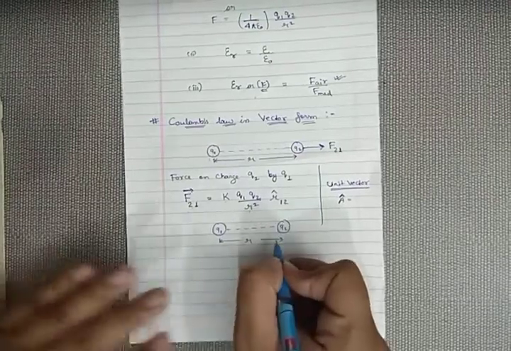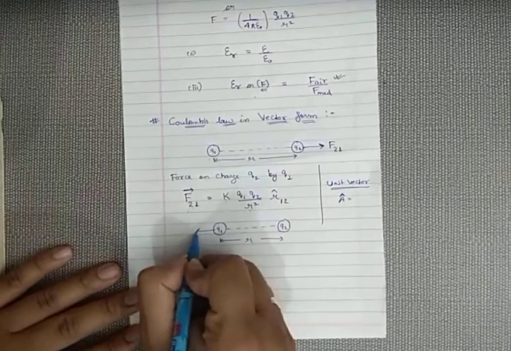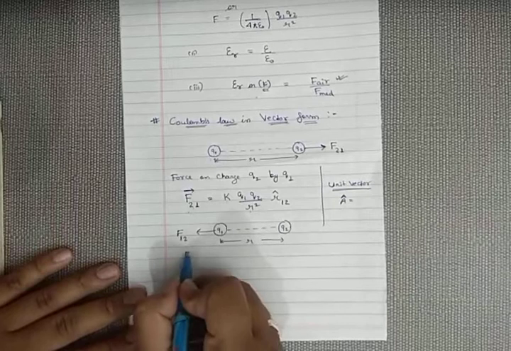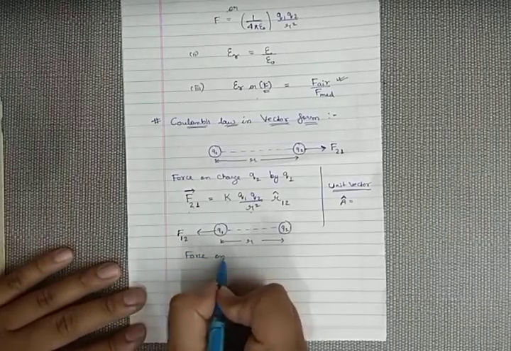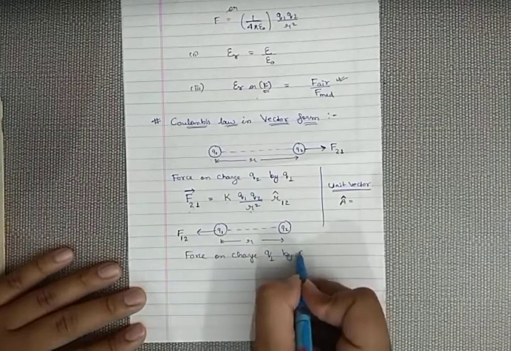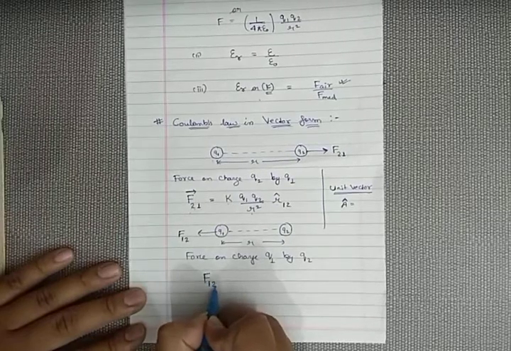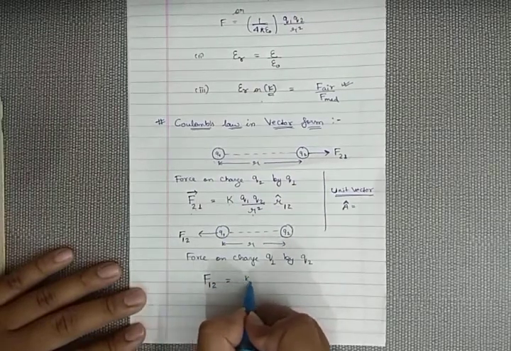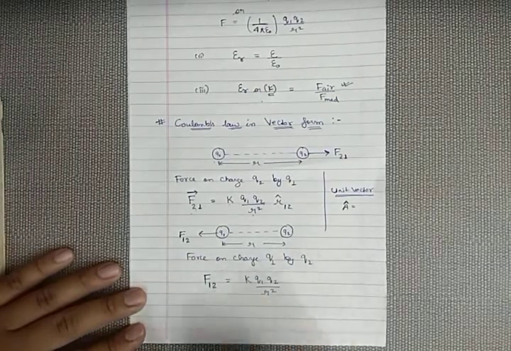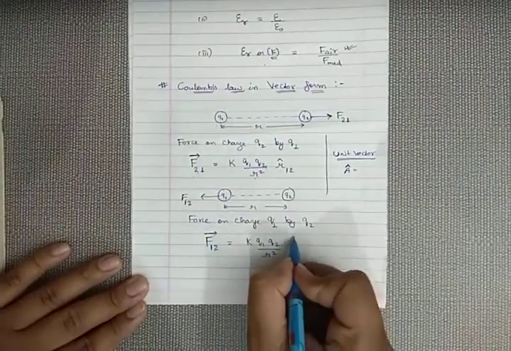this time the second charge is going to apply force on the first charge, meaning force on first due to second. So here we are writing force on charge Q1 by Q2, that is force on first due to second. It is K times Q1 Q2 by R square, and in order to write in vector form we use a unit vector r cap.